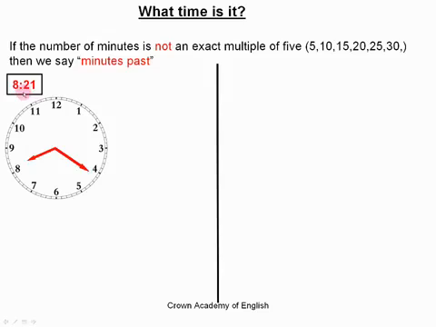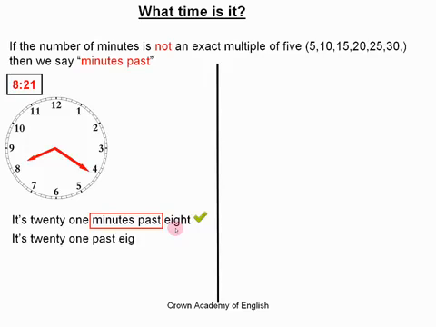Okay? It is not 8:20 and it is not 8:25. It is between the two. It is 21. So in this special case we have to say minutes past. It's 21 minutes past 8. Minutes past.